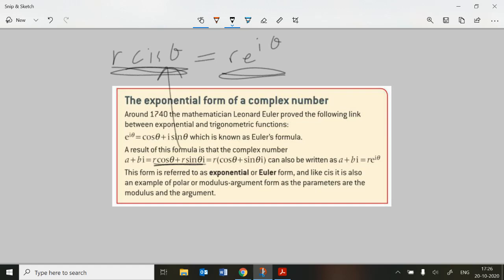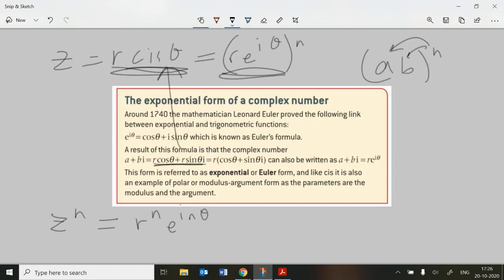That's actually really nice, because if this is z, and z could be written like this as well, that's the third form. So if we wanted to do z to the power of n, that's the same as this to the power of n. And this to the power of n would be r to the n e to the i n theta. That's just me saying this whole thing to the n, and like when we have ab to the n, you can bring the n onto both of those factors in the product.